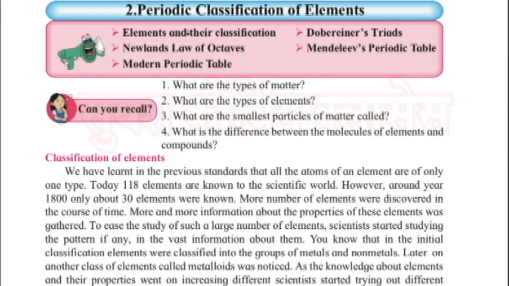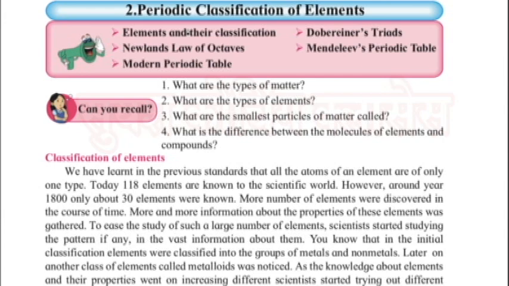Did you remember? Electrons, protons and neutrons. So electrons are having negative charge, protons are having positive charge and neutrons are having no charge. So where are they present? Protons and neutrons are present in nucleus and electrons revolve around the nucleus in different shells.